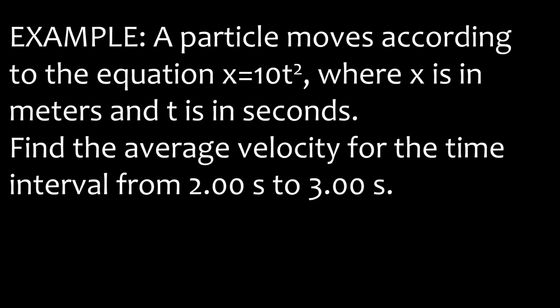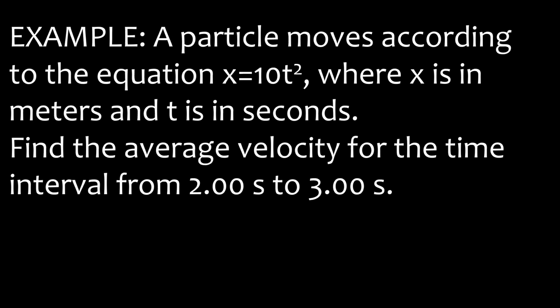Let's have an example. A particle moves according to the equation x equals 10t squared, where x is in meters and t is in seconds. Find the average velocity for the time interval from 2 seconds to 3 seconds. Note that the motion of our particle is described completely.